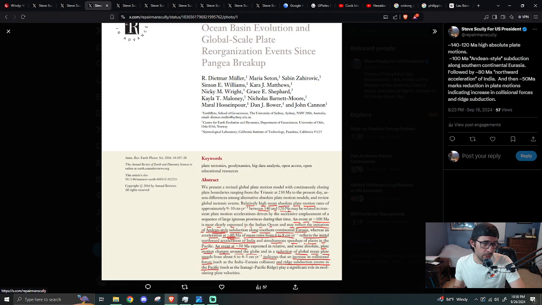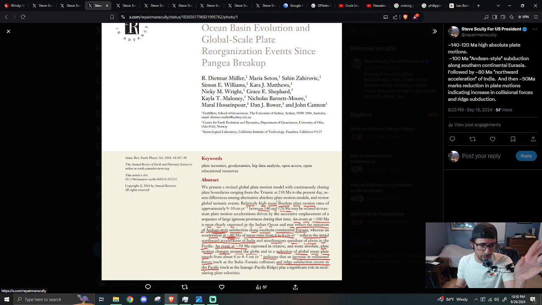So relatively high mean absolute plate motion rates between 140 and 120 million, of 9 to 10 centimeters per year in that time frame, according to geological dating methods, may be related to transient plate motion acceleration.